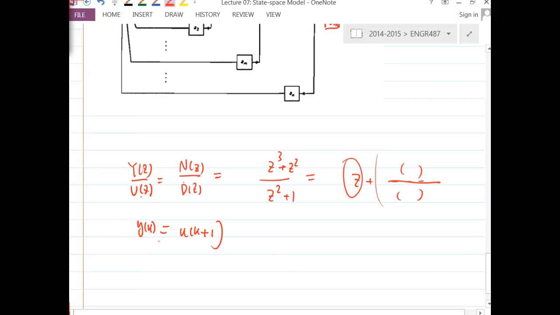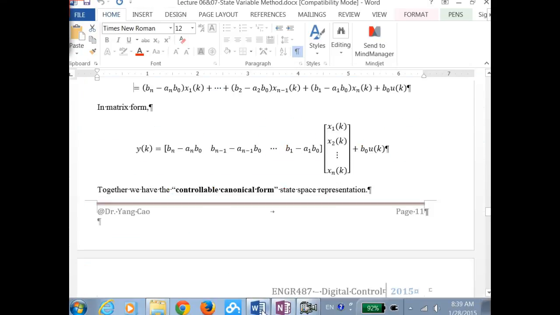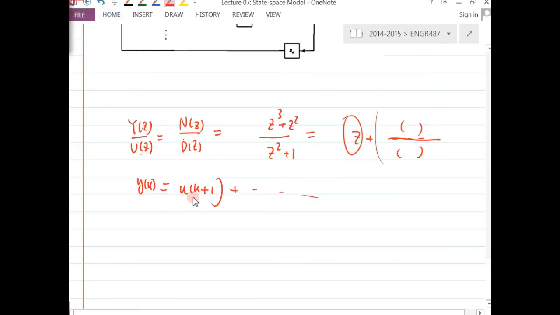So, and then plus whatever the rest of them should be. Okay? If you simply look at this relationship here, in other words, in the end you would have something here, a u of k plus 1, right? Okay? So what does it mean here?